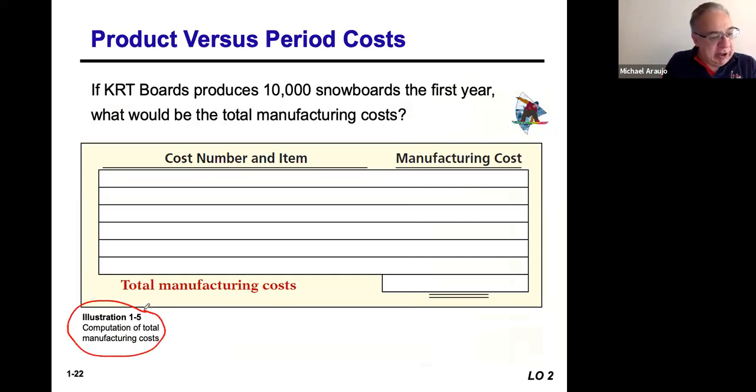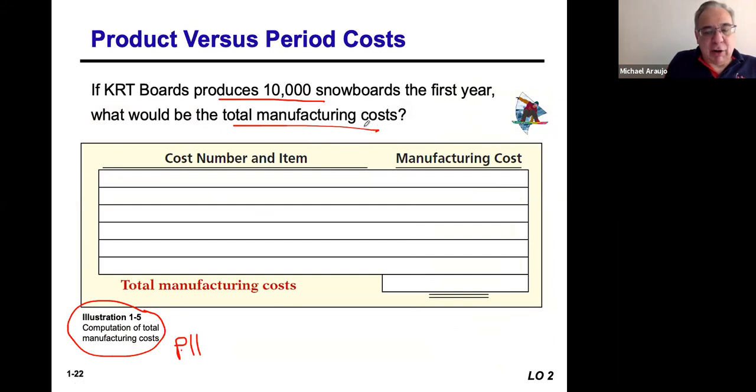This illustration is also on the bottom of page 11 in your book. And it says, look, if we produce 10,000 snowboards, what's our total manufacturing costs? Okay, well, that's where you need that chart for.